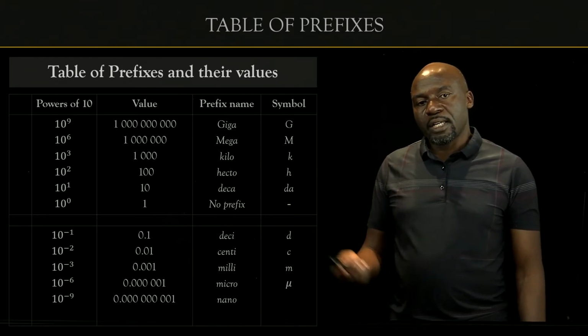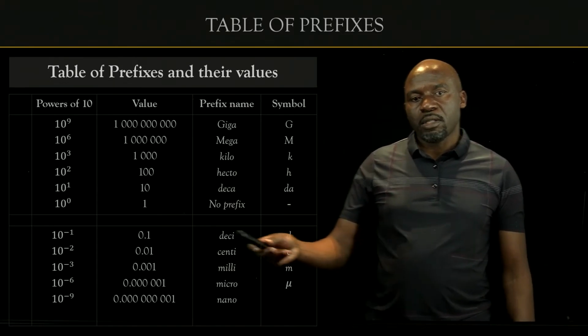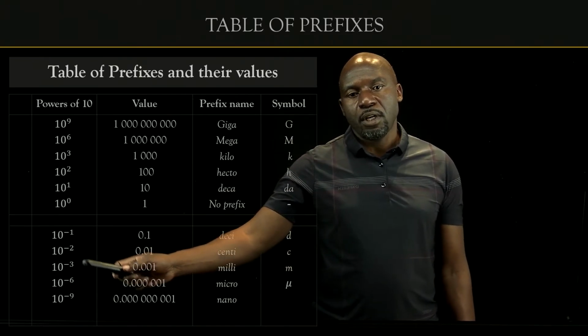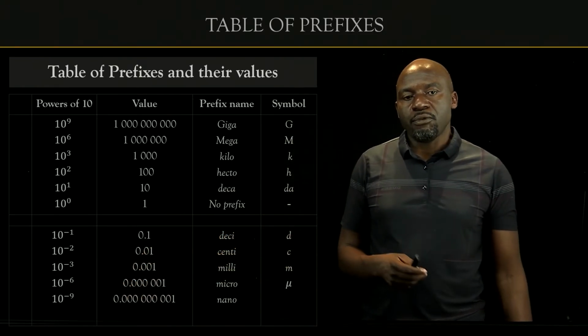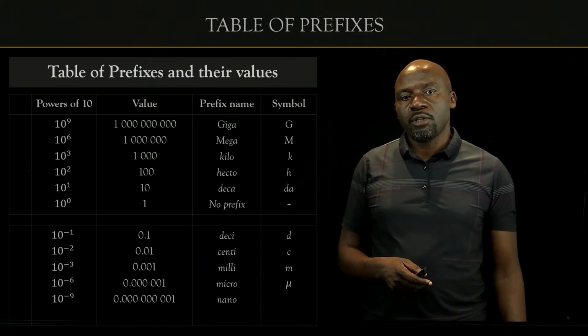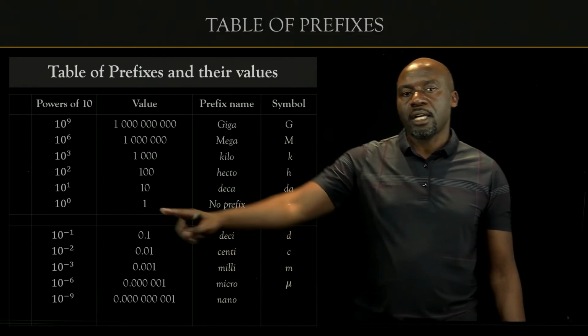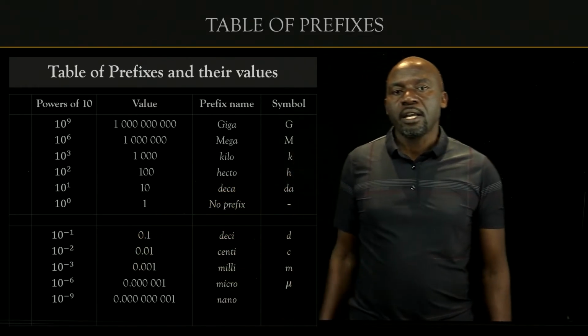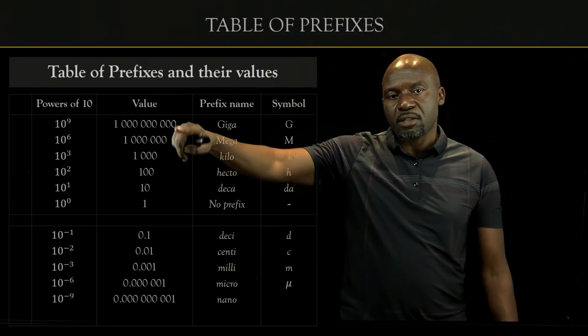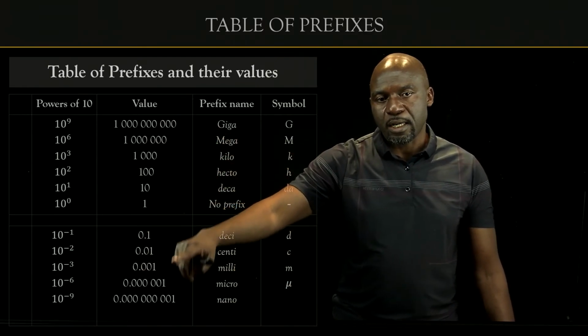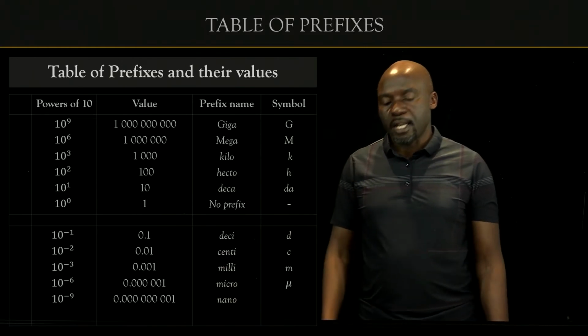So on the lowercase side, you need to remember all the way from 10 power negative 2 to 10 power negative 9. If you happen to be a chemistry student, then you also need to remember 10 to the power of negative 1. Okay, so you need the first three here. You must remember the first three, and the rest, the ones that are negative.